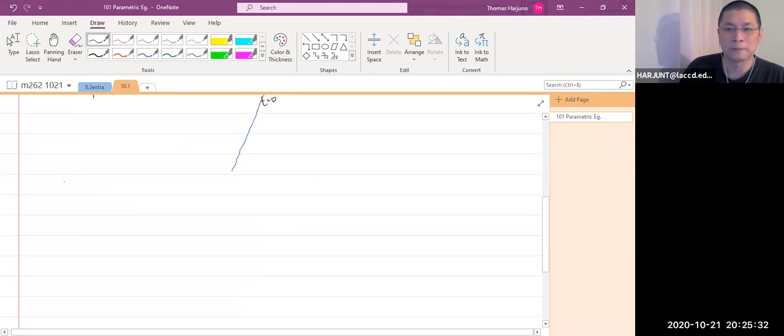Let's do another example. Let's say I have x equals 2t, and y equals t squared minus 3.